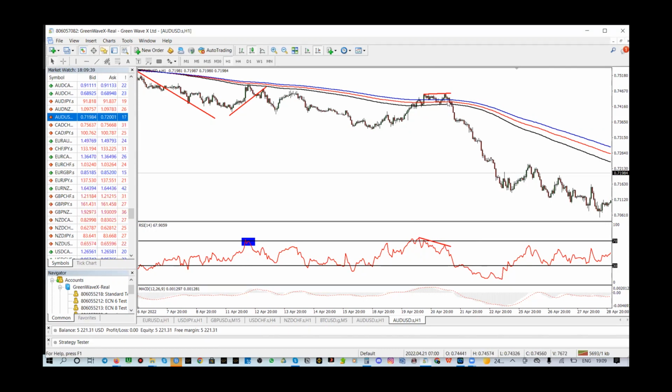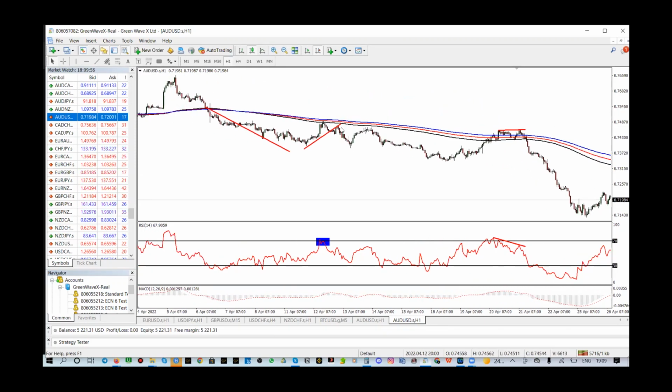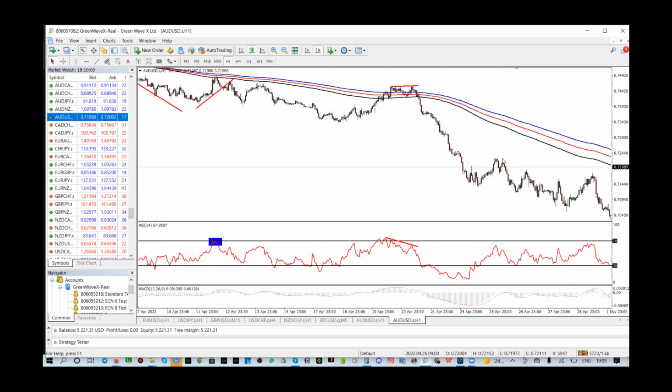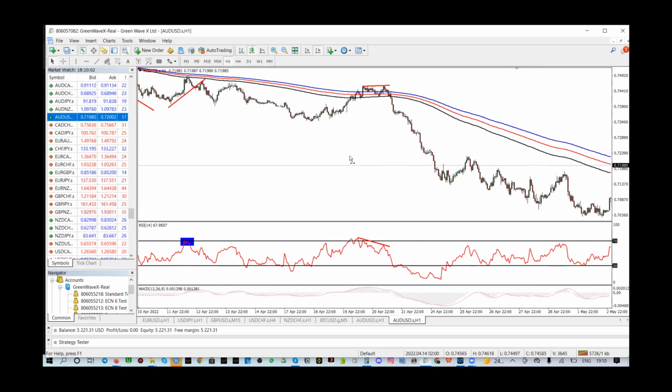So that is an example where the entry signal is gotten from the price momentum divergence. But you're not going to get divergence every time, so you can always make use of your trend line. So you can see this is a sell signal, this is a sell signal, and price just continues to go downwards.